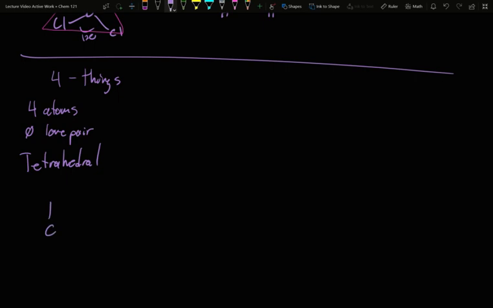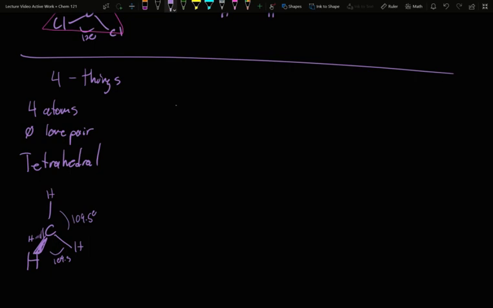So we had a carbon, hydrogen up, hydrogen over, going back into the board and coming out at us. And so these were all approximately 109.5 degrees apart. And if all the four things are atoms, we called it tetrahedral.